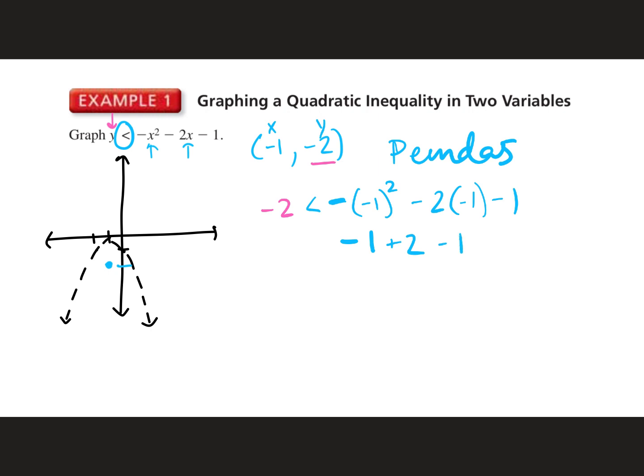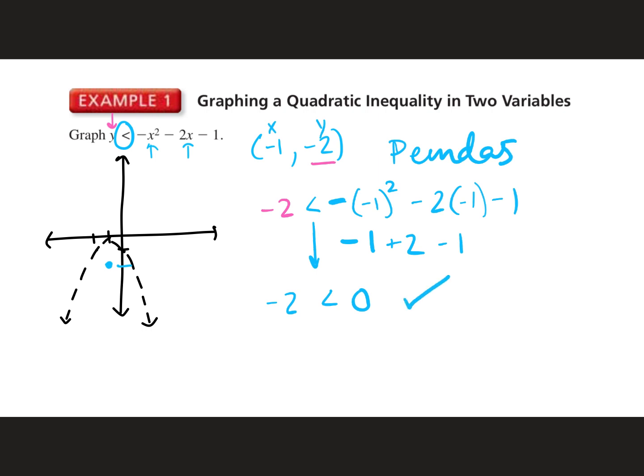So -1 plus 2 minus 1 would be 0. I still keep that same less than sign. So we want to see, is -2 less than 0? -2 is less than 0.